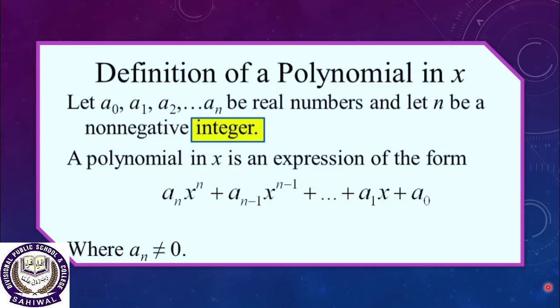Recalling the basic definitions, the first one is the polynomial in x. Let a0, a1, a2 and so on, an be real numbers and n be a non-negative integer.